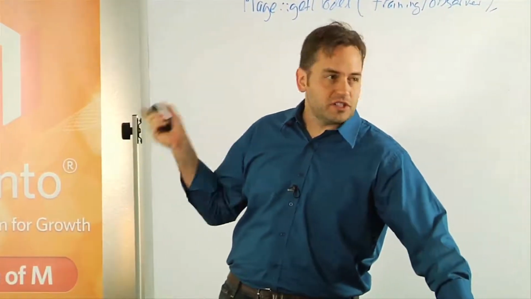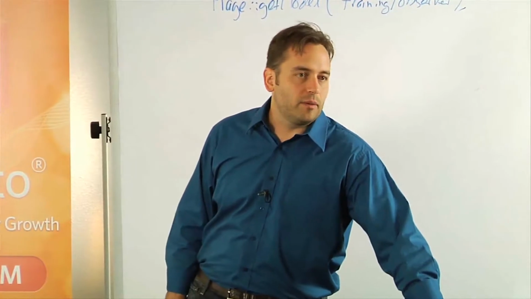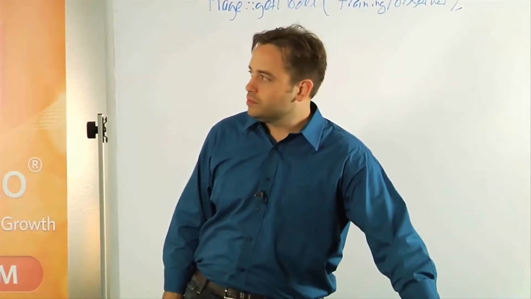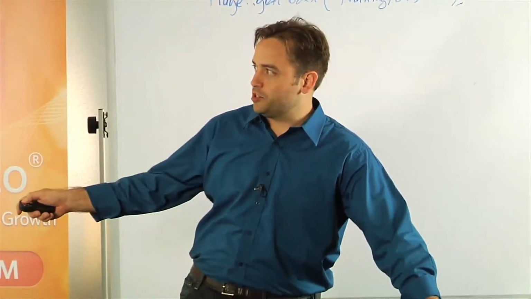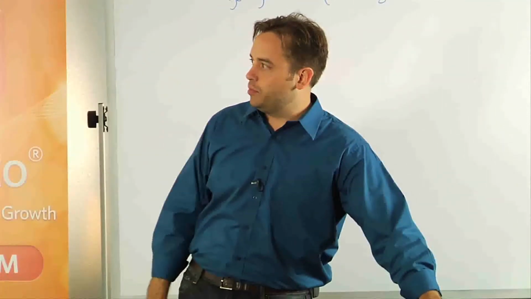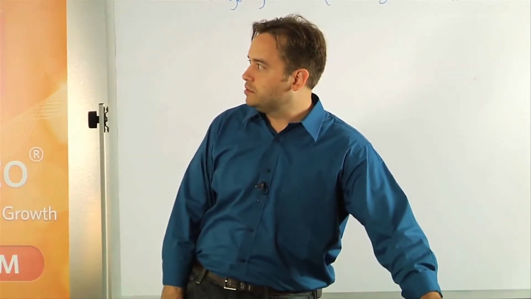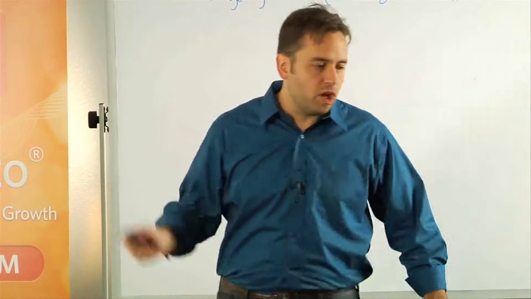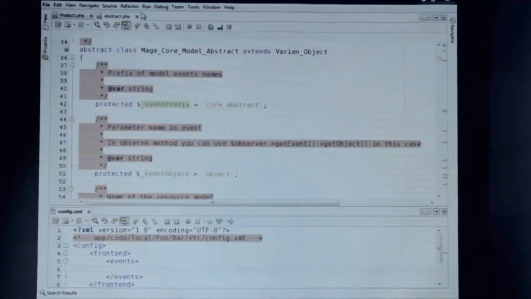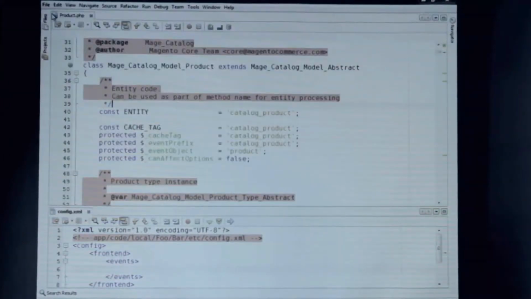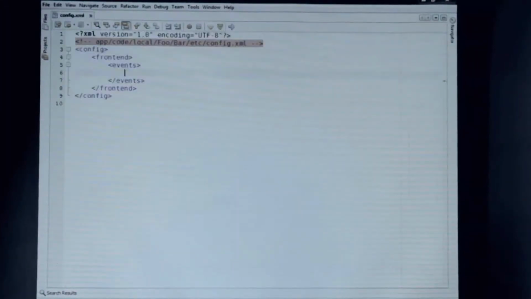But if you extend from the core abstract model, you can just specify this protected property. So catalog product load after, not after load, but load after. Now I have my event prefix, and as we saw in the code, it's catalog product load after.